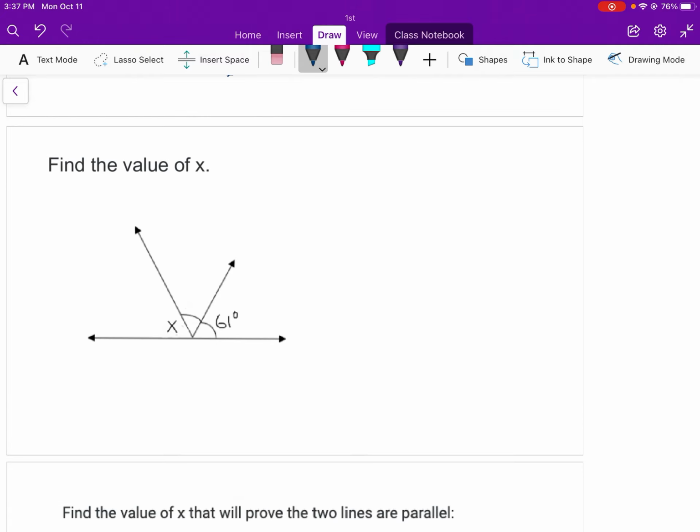For this one, you should have seen this before. It was on your Unit 1 test. The key takeaway here is you have to realize that symbol tells us the angles are equal. So, angle equals angle. So, if this angle was 61, the other angle is also 61.